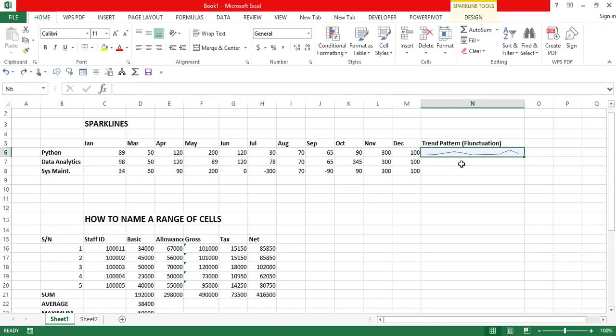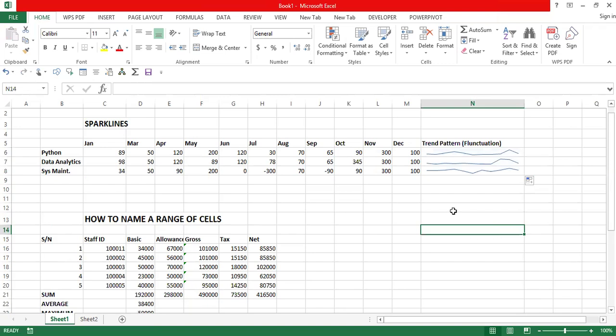Okay, so let's create another one. Is this sparkline the same thing as a bar chart, pie chart and the rest? Not really, but you can see it is doing something somewhat similar to line charts.